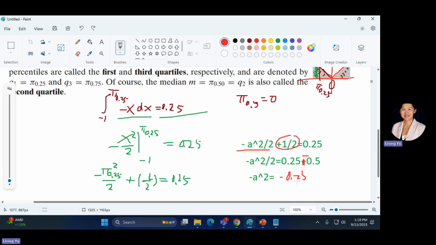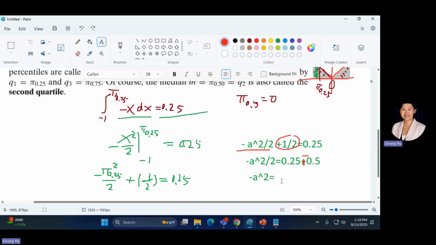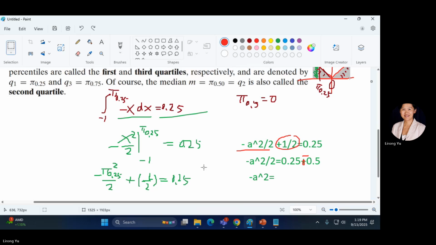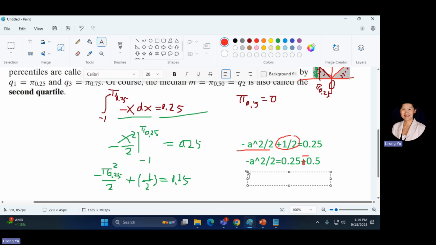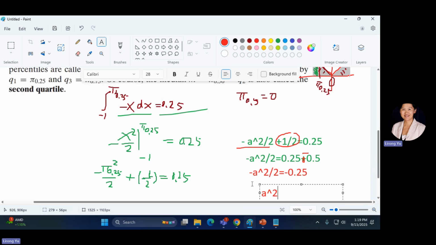I was a little bit too hasty. So it should be minus, then negative a squared over 2 equals negative 0.25, and therefore a squared actually equals, cancel the negative, a squared equals 0.5.